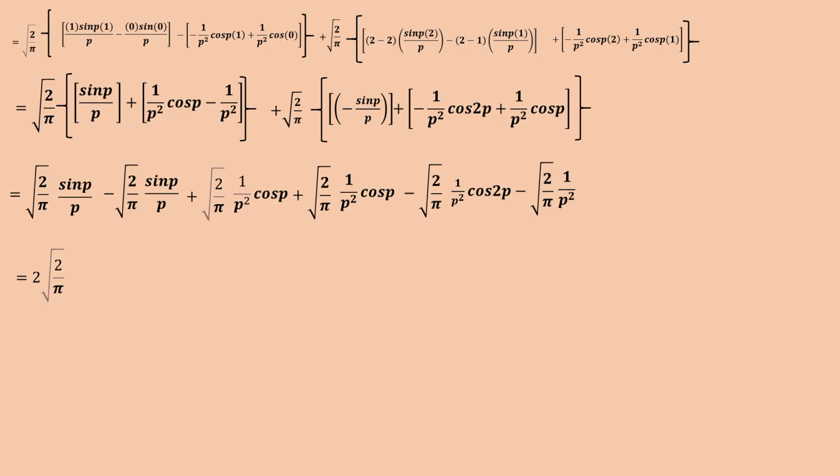Then second and third terms are the same, so 2 times root 2 divided by pi 1 by p square cos p minus root 2 divided by pi 1 by p square cos 2p minus root 2 divided by pi 1 by p square.